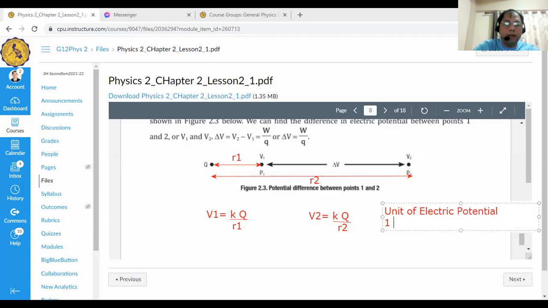So one volt, if you recall our equation from last time, volt is also equal to work over Q, which is equivalent to 1 joule per coulomb. So that's W over Q. Now that's our electric potential there.